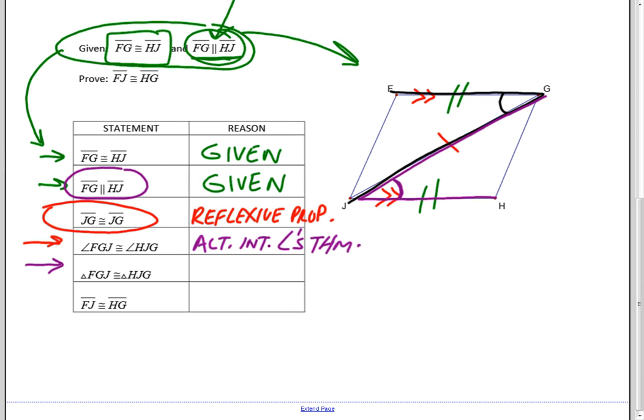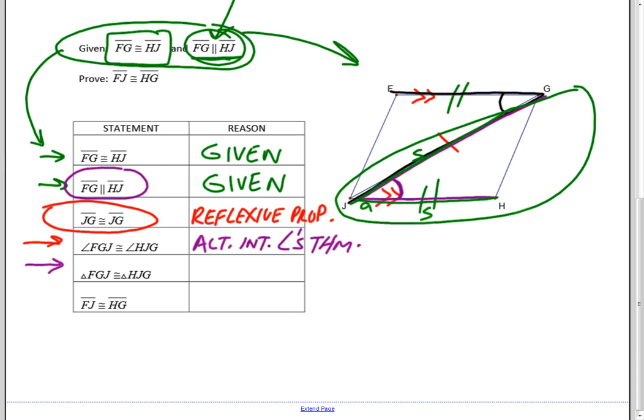What symbols are showing up in the next line? Triangles. What should you be thinking of? You got your 5 choices. What am I looking at in this drawing? If I'm focused just on this, let's see if I can do this in green. Side, angle, side. But I can only do that if the angle is formed by the two sides I'm talking about. Is the angle formed by this side and this side? Yes. S, A, S. That's great.